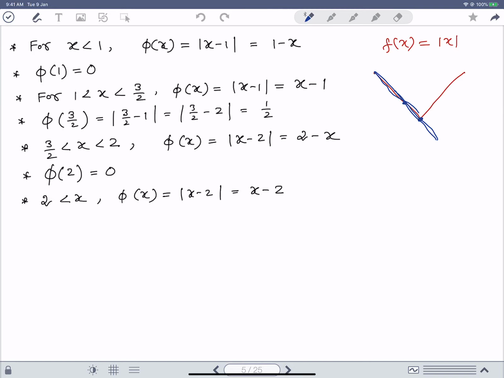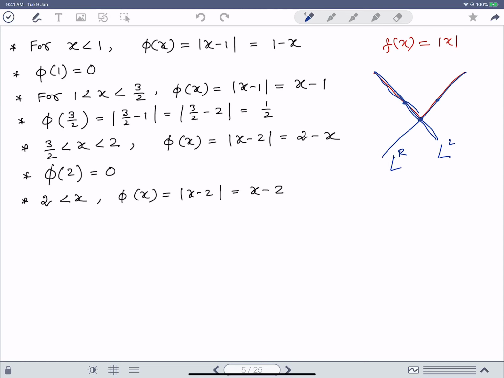So this is my left tangent. Similarly, if you choose any point on the right, we will have the right tangent. Therefore, the left tangent and right tangent are not equal in this case. So we say that f x equals mod x is not differentiable at x equals 0.